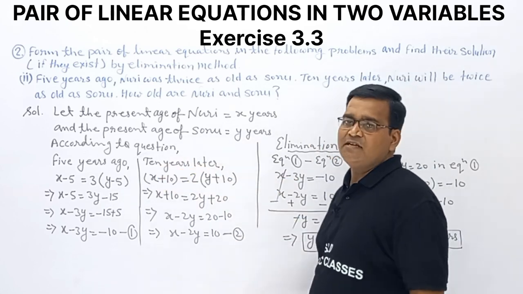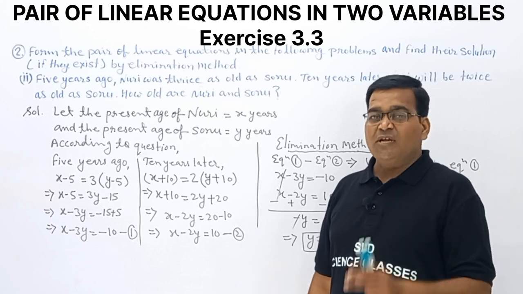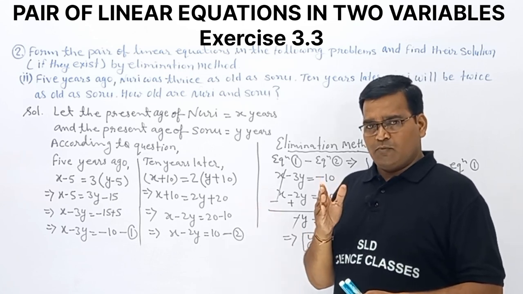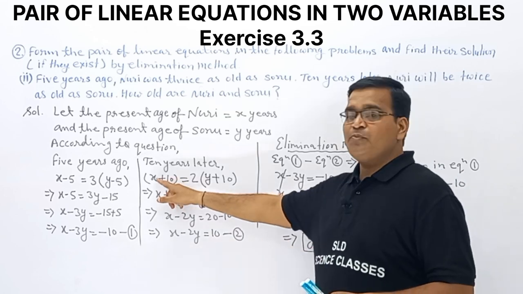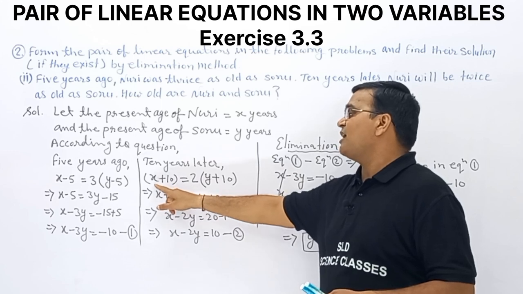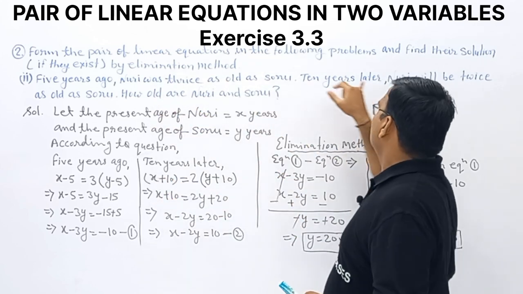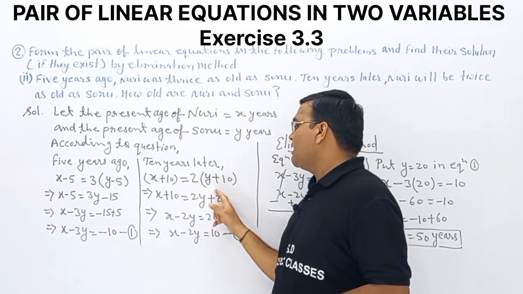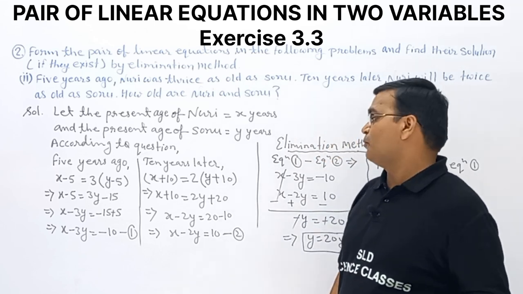Similarly, 10 years later means present age plus 10 years. Whatever present age they have, after 10 years their age will change. So x is the present age of Nuri. Then after 10 years, the age of Nuri will be x plus 10, which will be twice the age of Sonu.